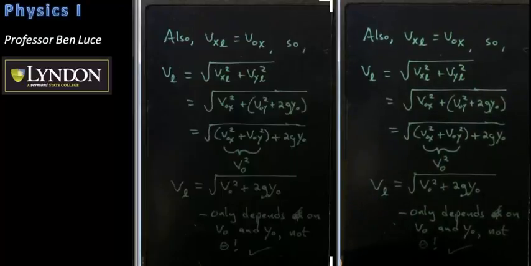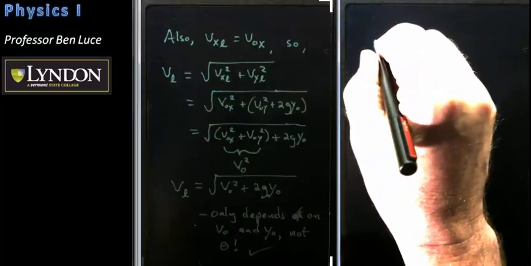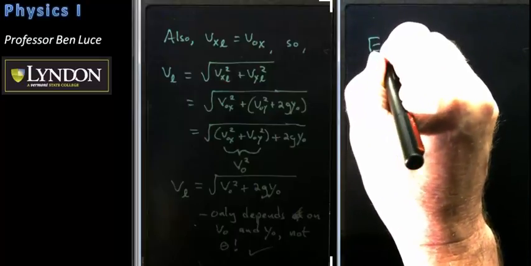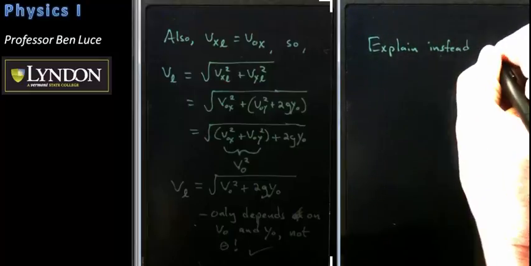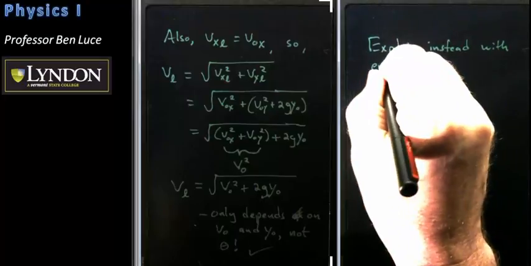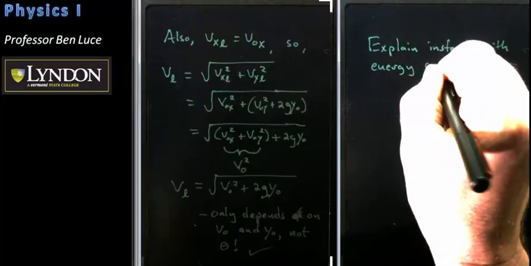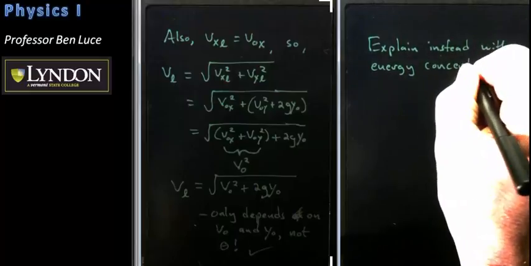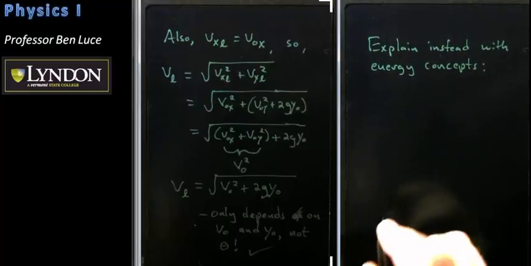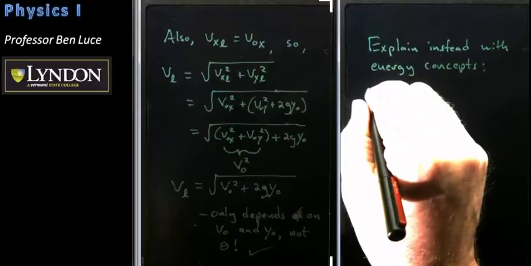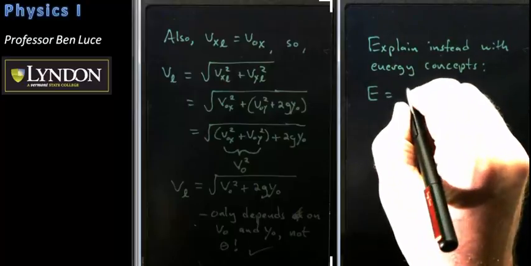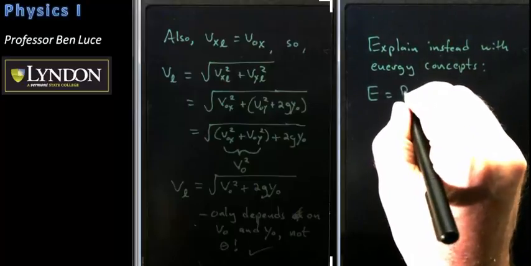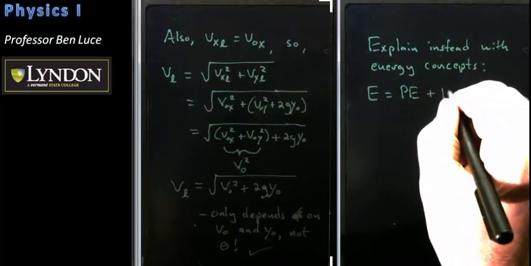But now let's look at the problem in a little bit different way. We can explain this with energy concepts. Now we haven't gotten into energy concepts much yet, but simply put, the total energy of something like this can be expressed as a combination of its potential energy plus its kinetic energy.